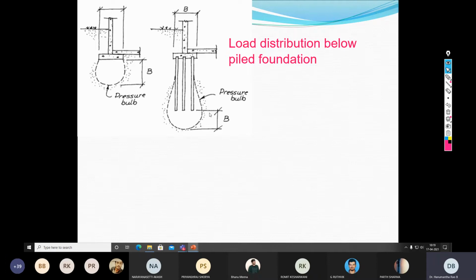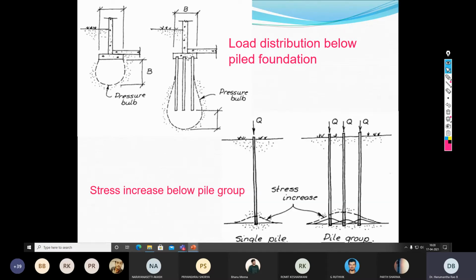Similarly, in case of the pile group also, the pressure bulb might extend approximately to a depth below the pile tip up to B, where B is the width of the pile group, the pile cap. The above picture represents the load distribution, while the below picture represents the stress increment at the pile tip of a single pile as well as the pile group.